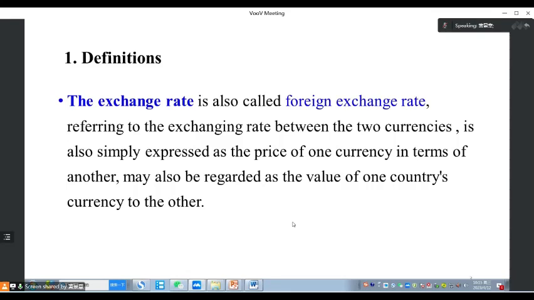This part of the PPT tells us the exchange rate means one country's currency is priced by another country's currency. So, simply understood, we should know the exchange rate.